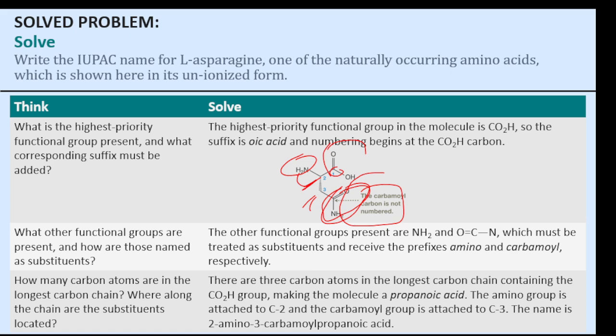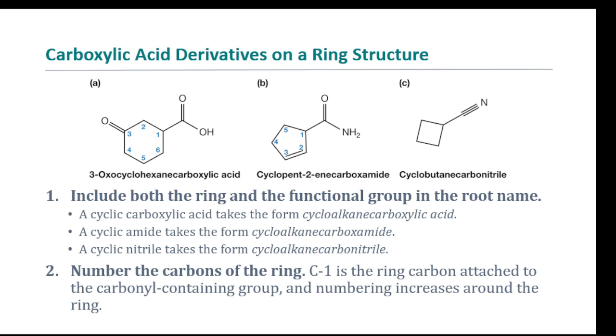Okay, so let's go ahead and talk about these carboxylic acid derivatives on a ring structure. Here we have our rings, and then we have the carboxylic acid that's coming off the ring. Everybody see that okay? In each of these cases, you're going to include both the ring and the functional group in the root name.